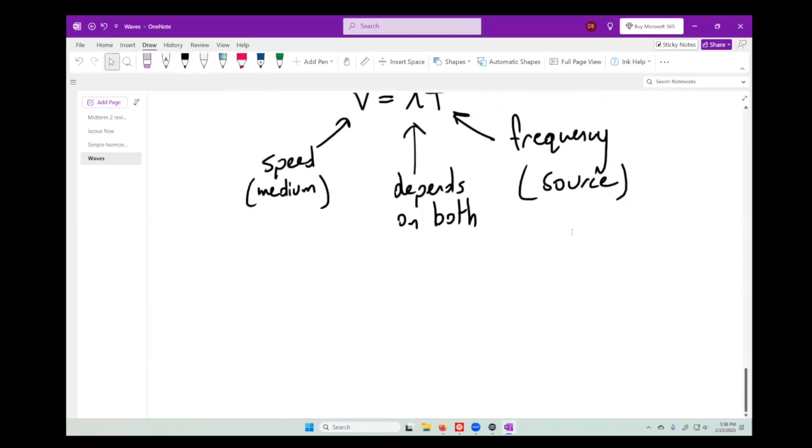Okay. So we talked about sound waves. Now, sound waves, they don't have to be longitudinal, but if we're talking about sound waves like in air or in any fluid, they are longitudinal waves.